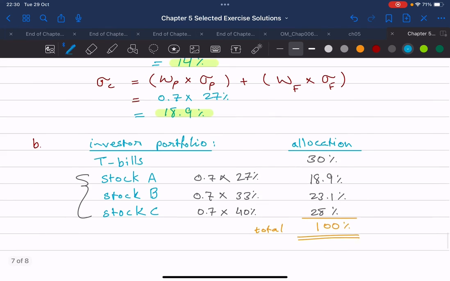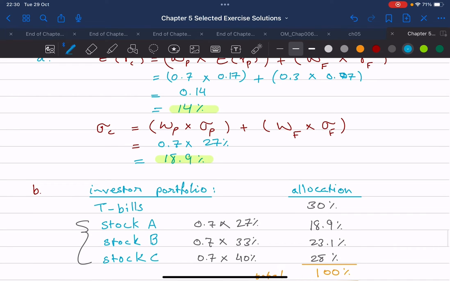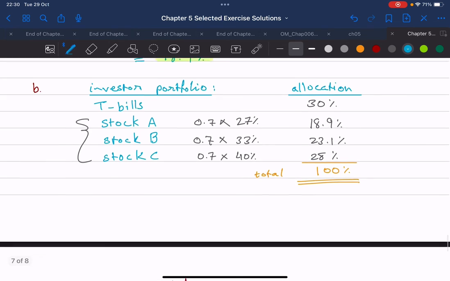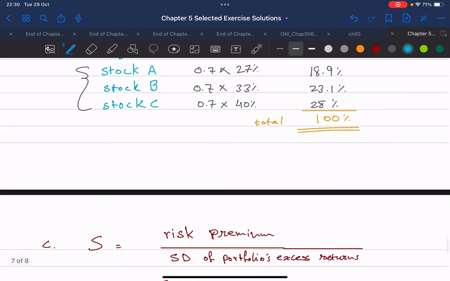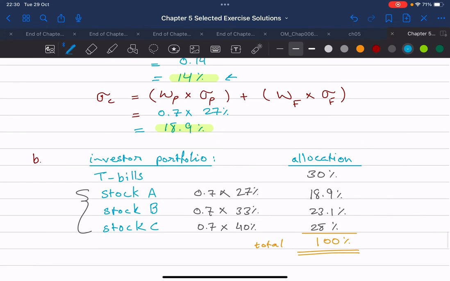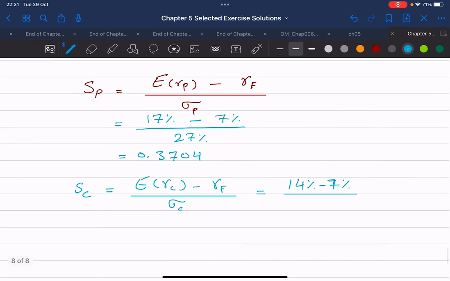The expected return on the client's portfolio is 14% right here, so that means 14% minus the 7%, which is the risk-free rate, all divided by the standard deviation of the complete portfolio, which we have already calculated here to be 18.9%.